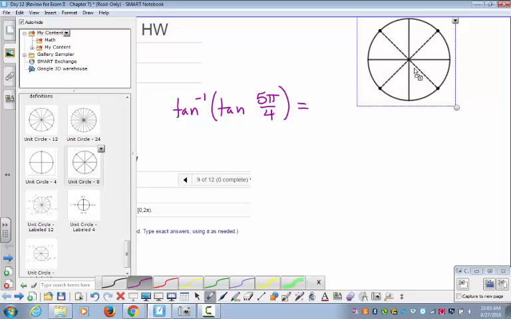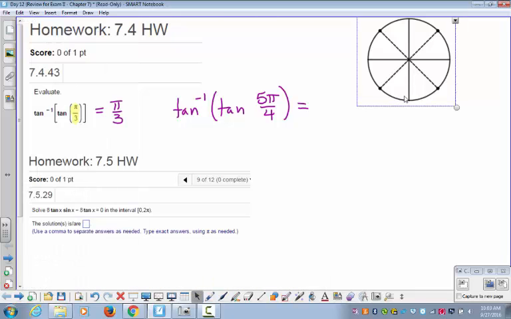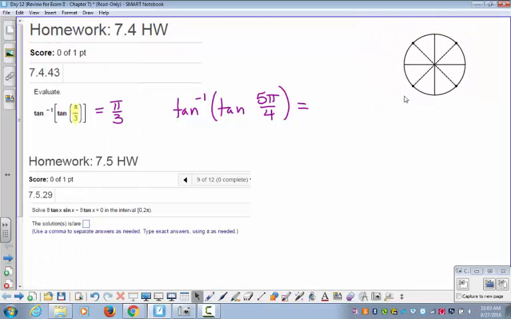So 5π/4 is in what quadrant? If we go over to 5π/4, 1, 2, 3, 4, 5π/4, there's the angle sitting in quadrant 3. But we know inverse tangent is an angle that sits on the right side.